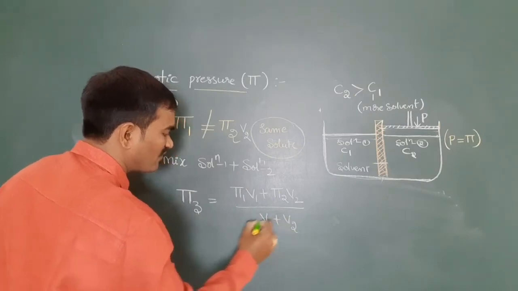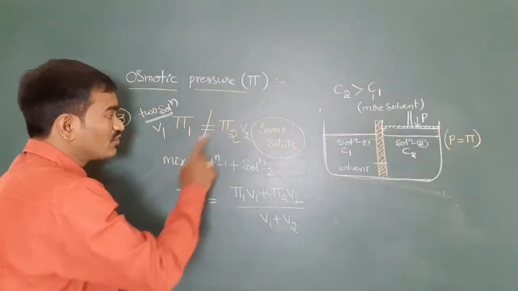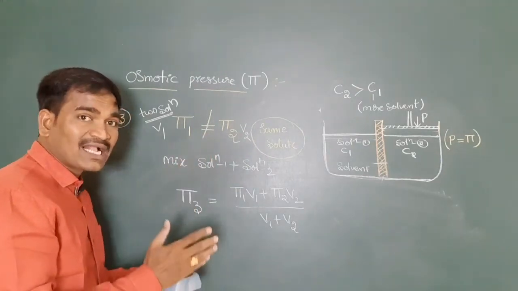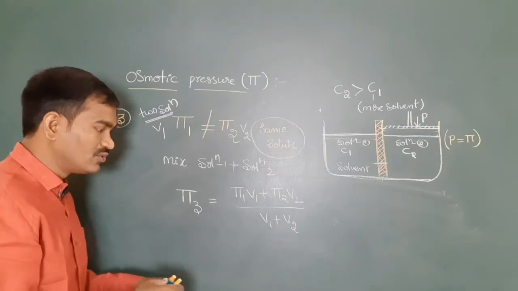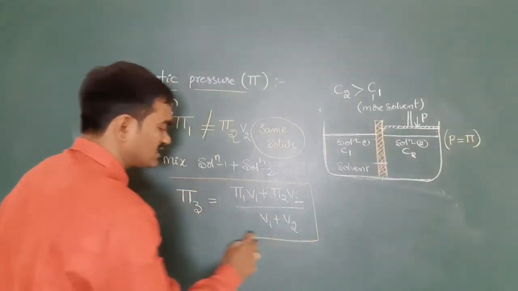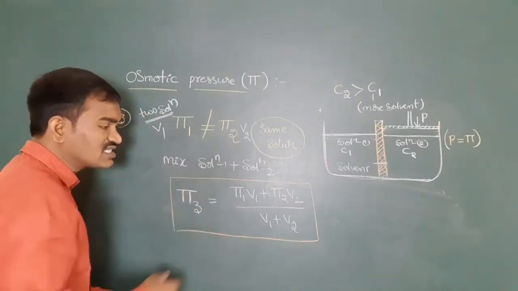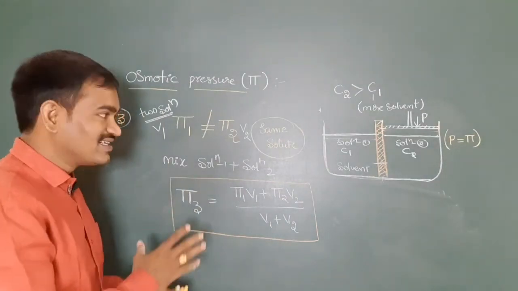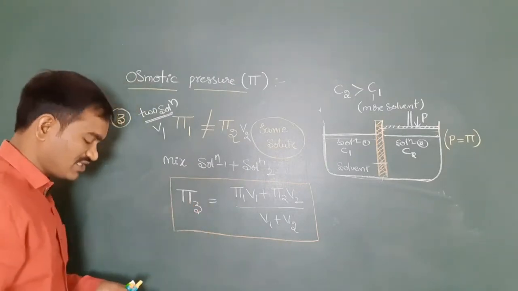With the help of this formula, whenever you mix two solutions which have unequal osmotic pressures and the same solute, if you want to calculate the third solution's osmotic pressure, we have to take this formula. Is it clear? So this is about the total osmotic pressure concept.